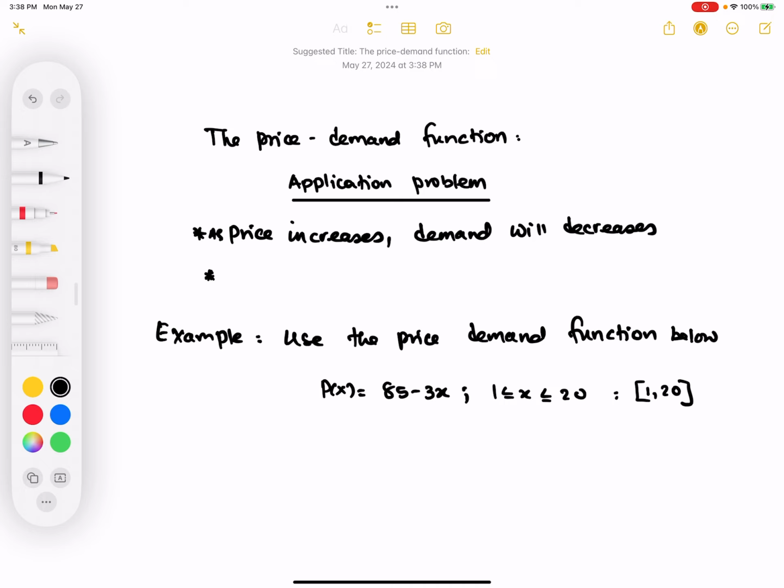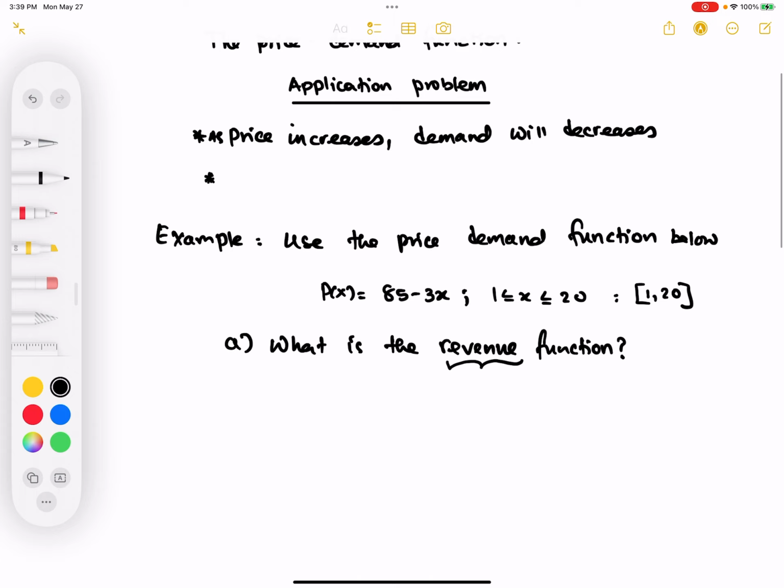Now, the first question is, what is the revenue function? Revenue means, for example, by selling an item, how much money do you generate?